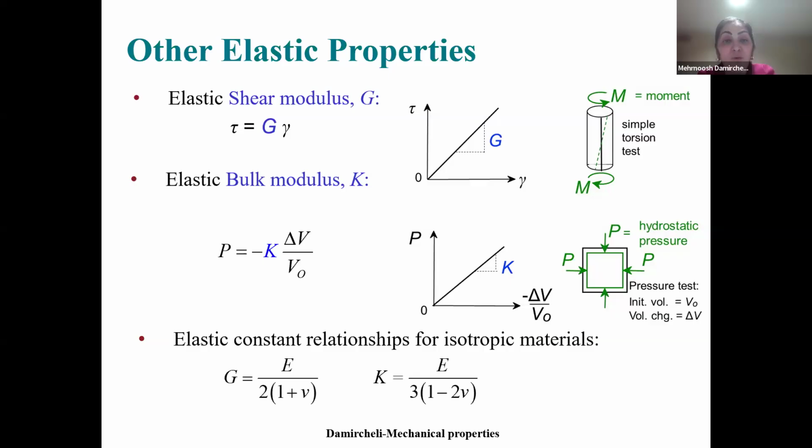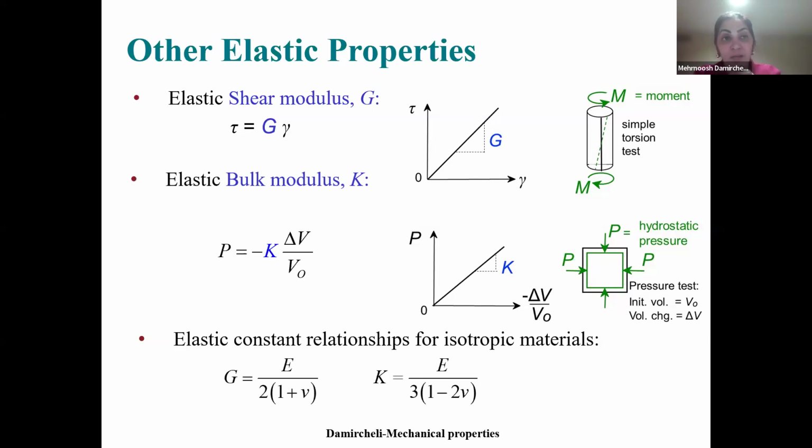What is bulk modulus, or K? It describes resistance to volume change: P is minus K delta V per V naught. What is delta V? The change in volume, and V naught is the initial volume, when applying hydrostatic pressure, the same in all directions and the same amounts.